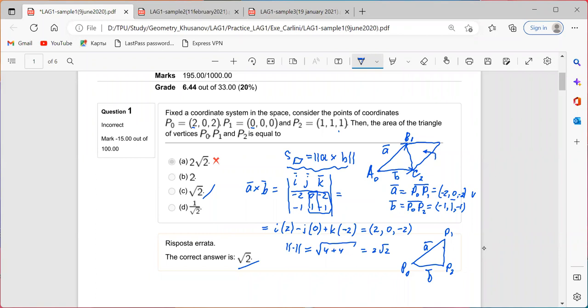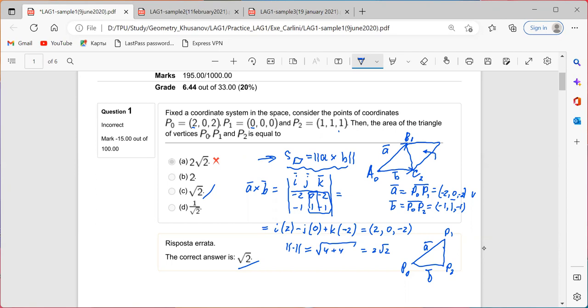And according to the property of the cross product, the area of this parallelogram constructed based on our A and B vectors is equal to the norm of the vector A cross B. A cross B will be a vector, but the norm will always be a scalar, real value, and this norm will be equal to the area of our parallelogram.